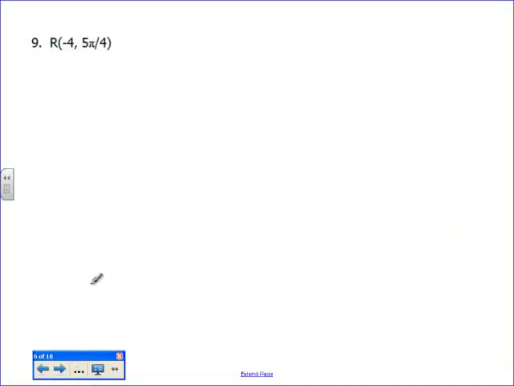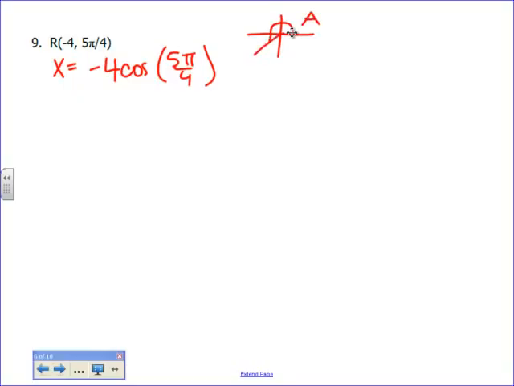Example 3, negative 4, 5 pi over 4. Plug it in. Your x is going to be r cosine theta. 5 pi over 4 is on our unit circle because it's a pi over 4 reference angle. 4/4 and an extra 1/4. So it's sitting in the third quadrant. ASTC. So I'm in that T quadrant, so both sine and cosine will be negative. Negative 4 times negative.